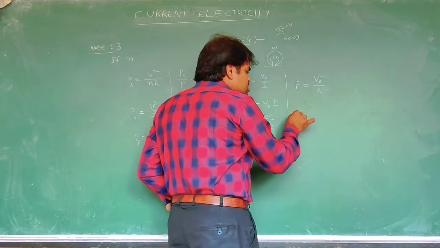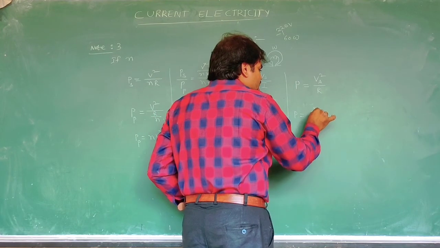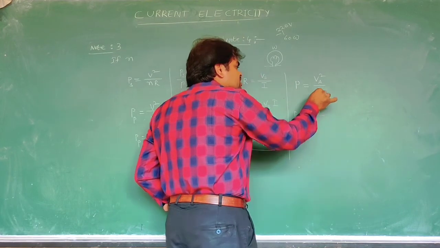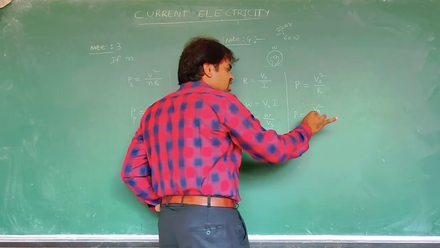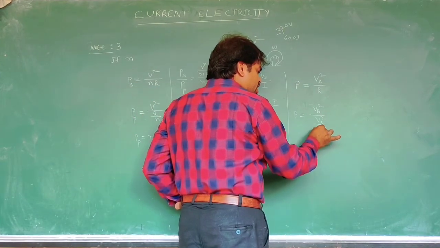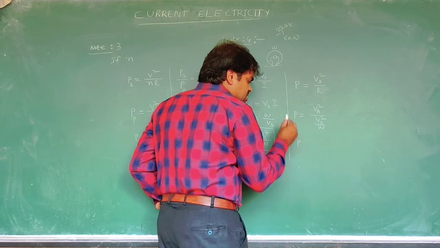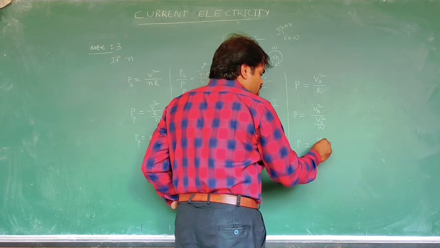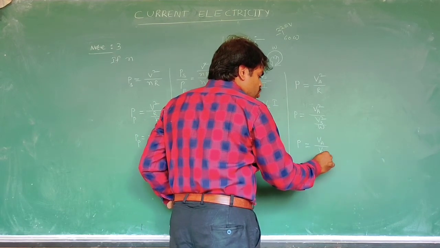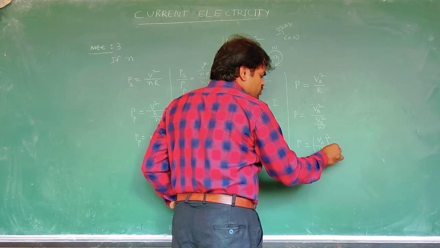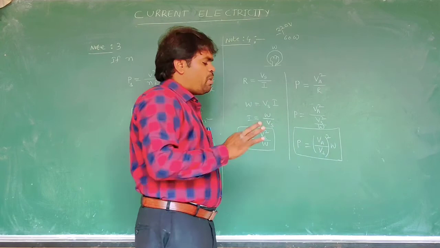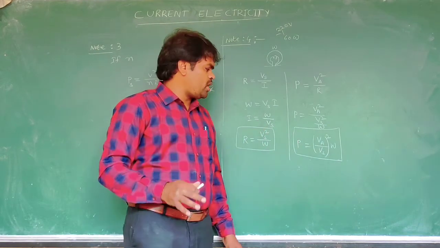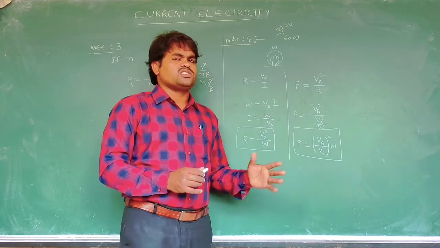The resistance of the appliance is Vs square by W. That means P is equal to (VA by Vs) whole square into W. This is very important. Most of the questions in electrical power problems are based on this concept.